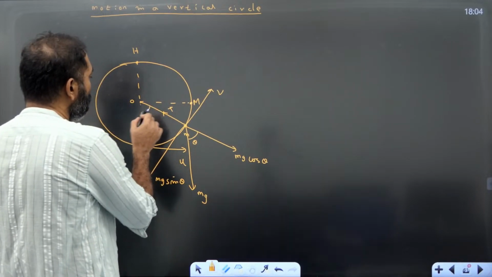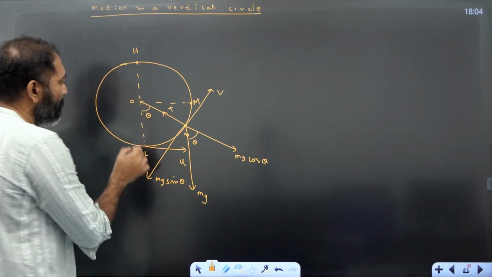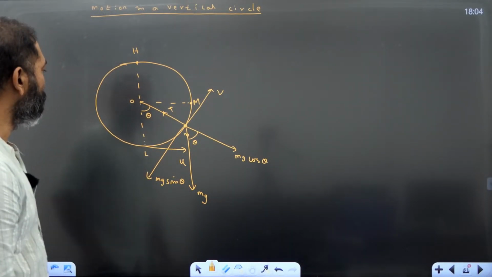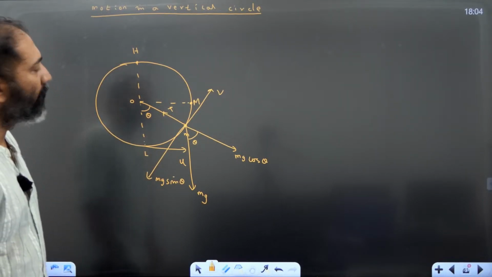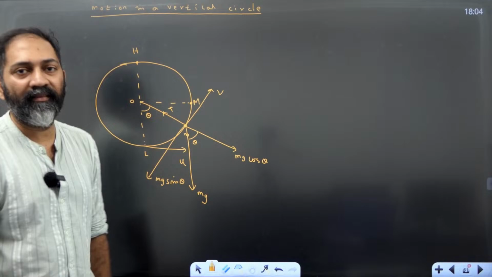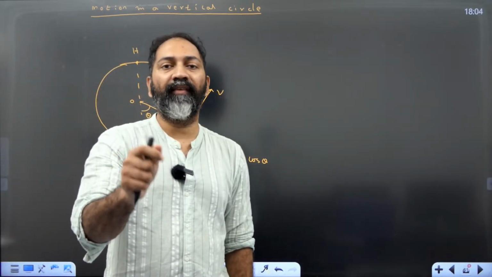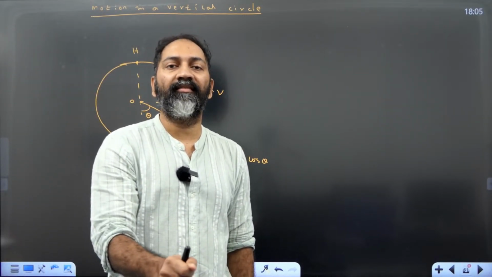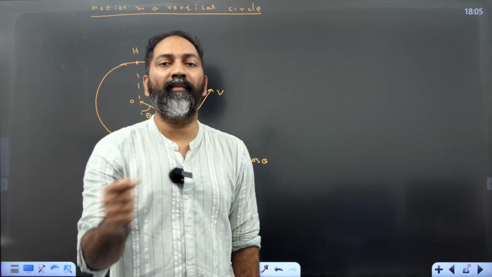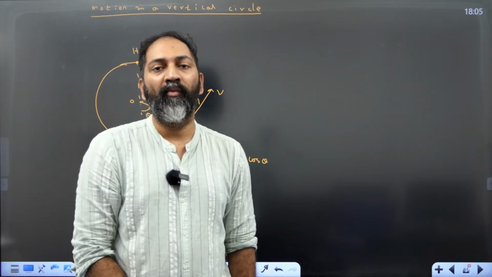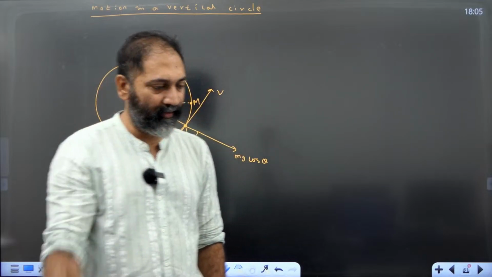So the string is at an angle theta with the initial position, or theta with the vertical. Any doubt? Motion in a vertical circle. A mass of m is attached to a string, and we are whirling, whirl in a vertical circle.